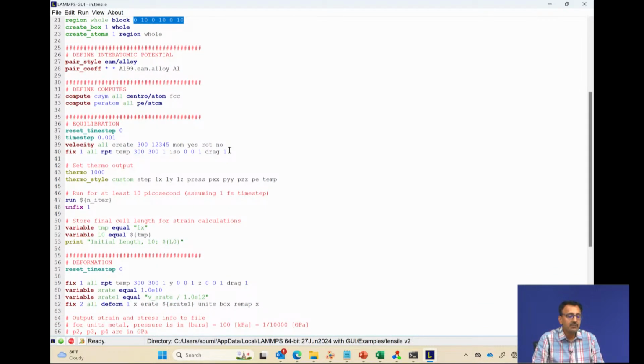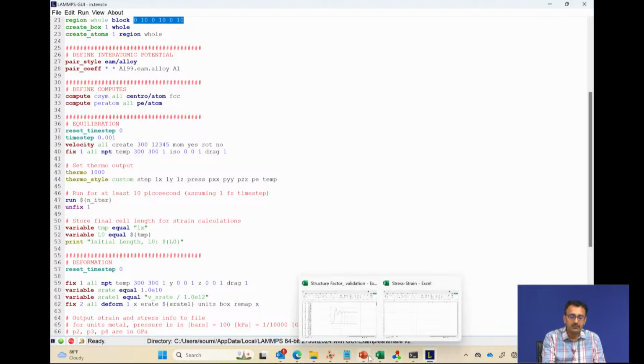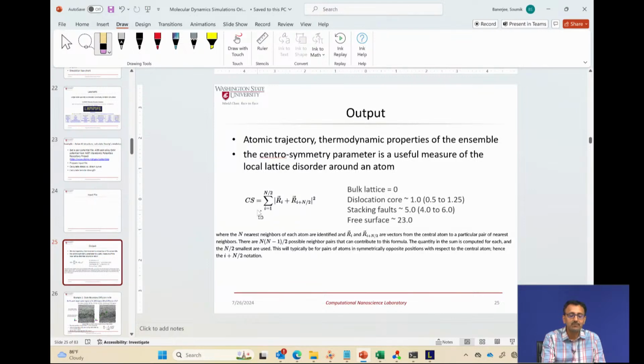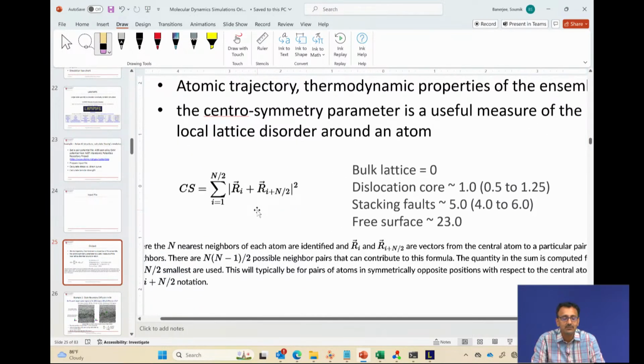A key parameter that we want to later visualize is called the centrosymmetry parameter. I have the equation written here. It's a parameter that LAMMPS uses to isolate atoms that are departing from their crystal lattice structure.